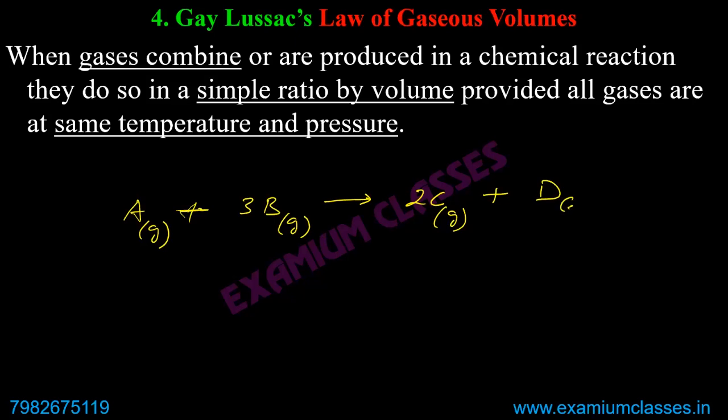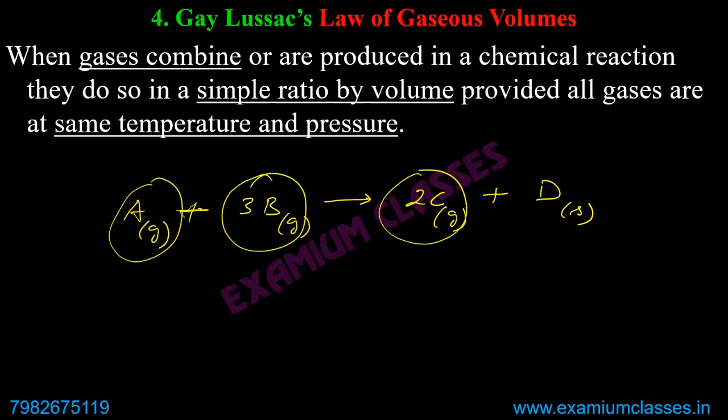Say this one is solid, suppose, for example. Then there will be simple ratio in the volumes of these three. And that ratio will be 1:3:2. Solids will not be considered.